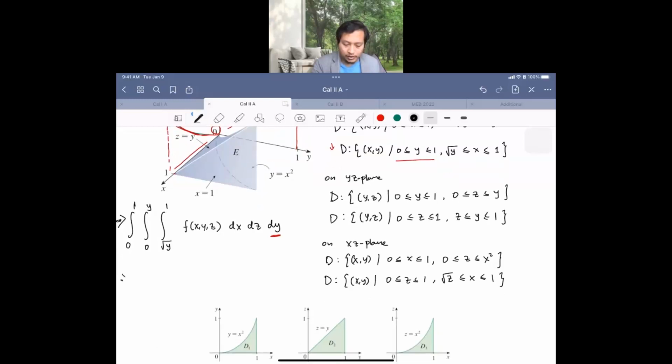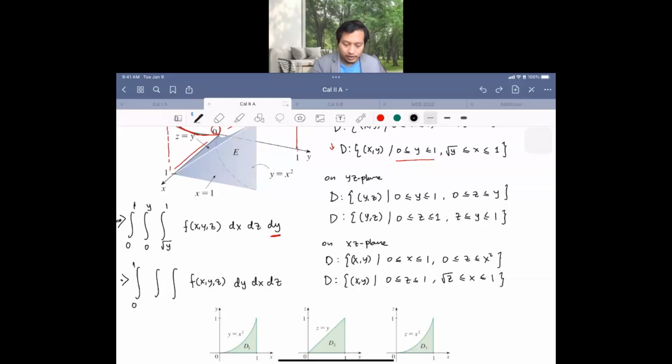And then the other part, dy dx dz. So z starts from 0 to 1 for z, right?